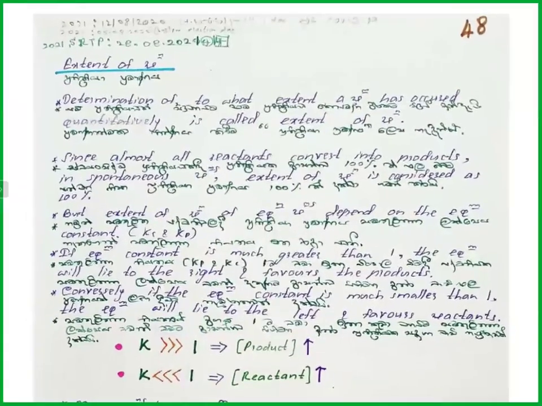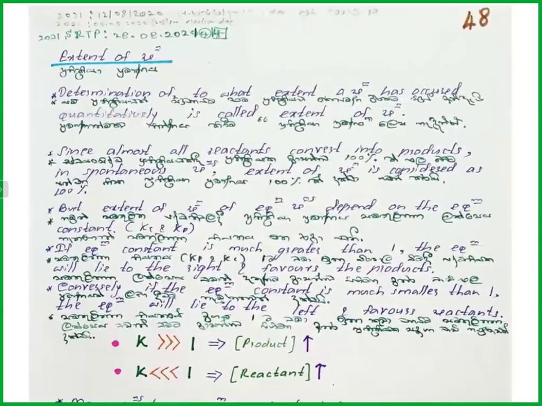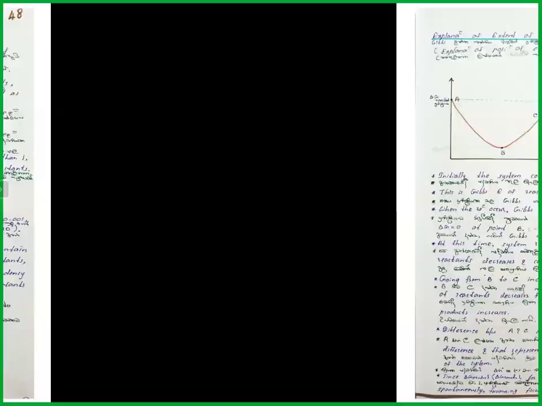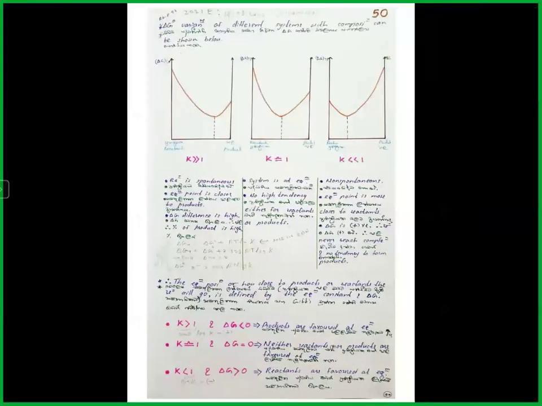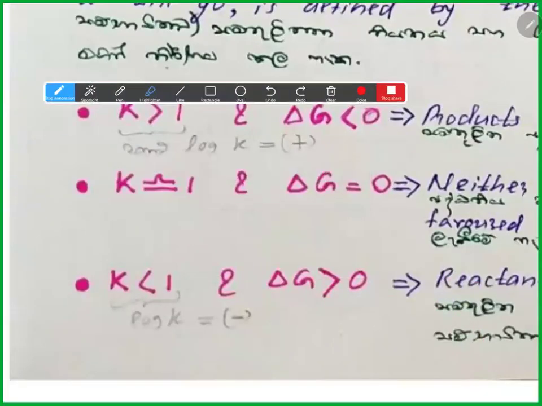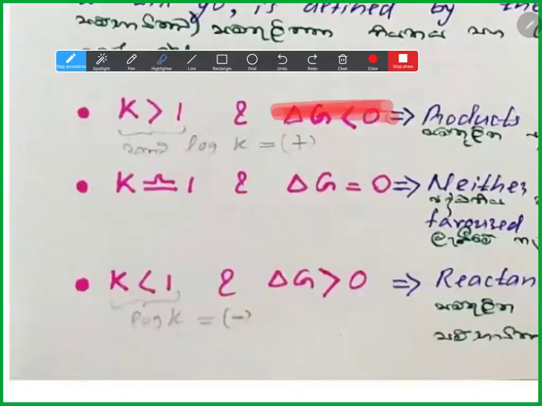Did you do the extent of reaction part? Yeah. Okay. How much does the reaction proceed? First, I'm going here. Earlier, for unit 5, we know that when delta G is less than 0, it is spontaneous, and when greater than 0, it is non-spontaneous.